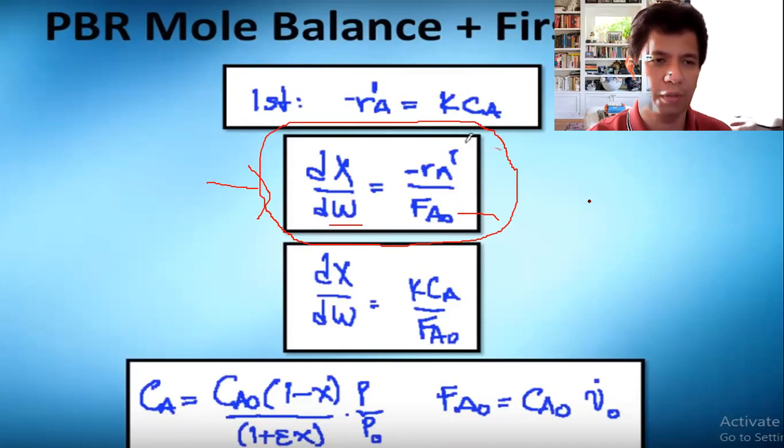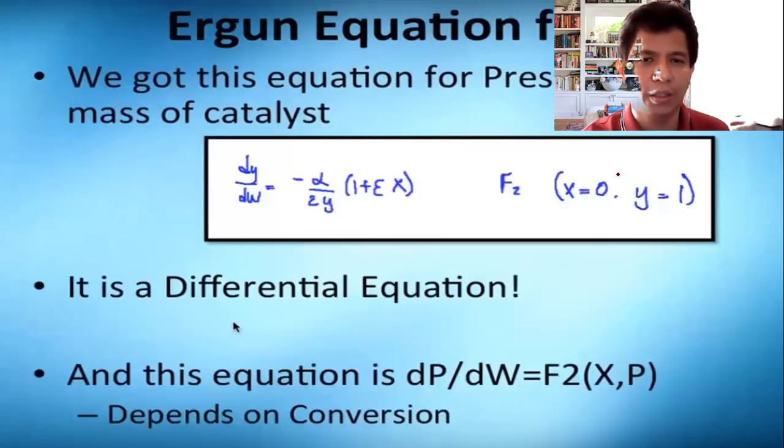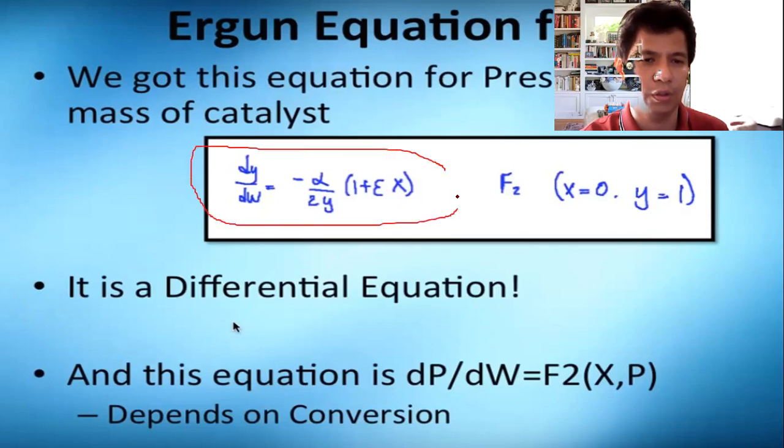So let's go to the second equation. So the second equation is derived from the Ergun equation. So if you wanted to review the Ergun equation derivation, you can watch on the videos before this. So this is the derived Ergun equation used for PBR. You can also see the derivation from Fogler.